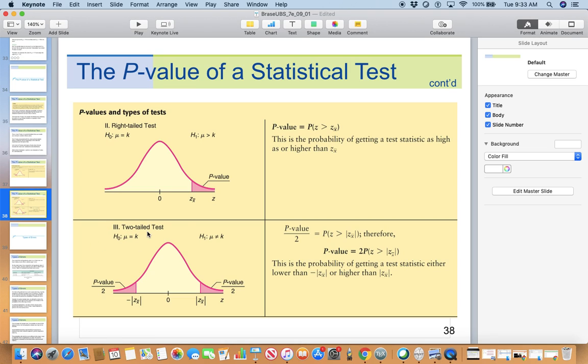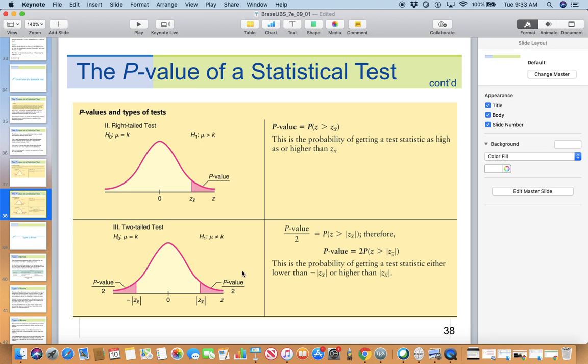What about the two-tailed test? When is this applied? When the alternate hypothesis is mu not equal to k. So not equal means you could be less than or greater than. That's why you are split between the two. So you're split equally between the two. So the p-value is split.